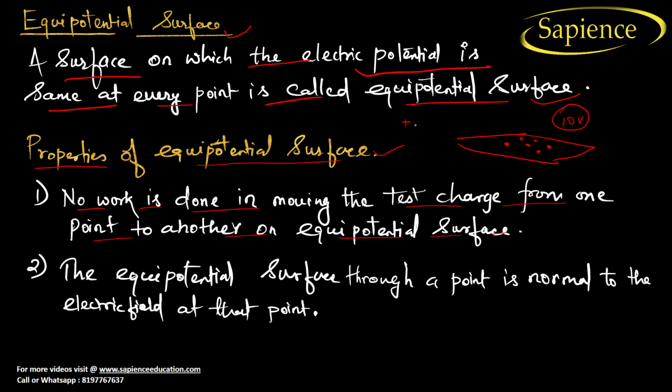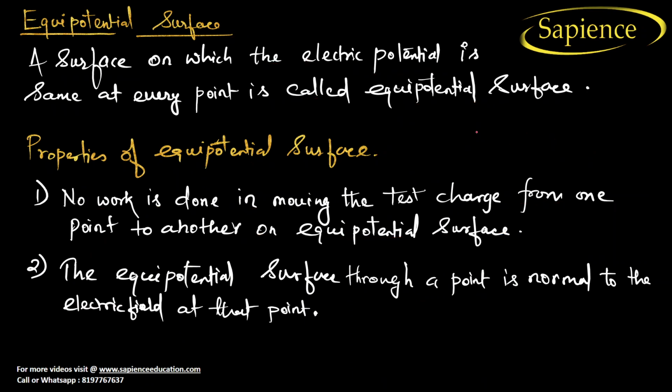Let us consider that at one end point the potential is 8 volt, and at this end the potential is 6 volt.